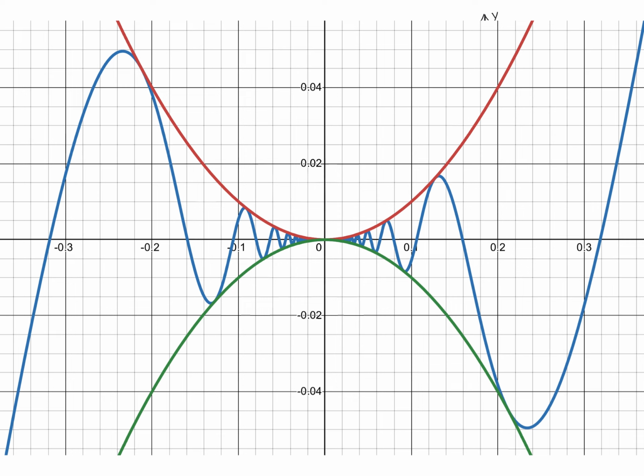So in the end, it's being squeezed by these two upper and lower functions, and that's what causes the limit to exist and be equal to 0, because there's nowhere for it to oscillate when it gets pinched together like that.